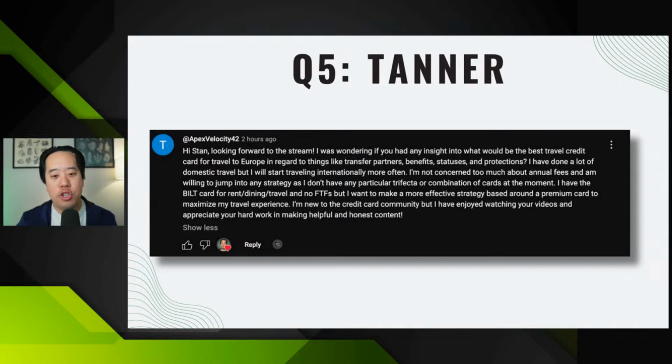I'm not concerned too much about annual fees, and I'm willing to jump into any strategy as I don't have any particular trifecta or combination of cards at the moment. I have the Bilt card for rent and dining travel and no foreign transaction fees, but I want to make a more effective strategy based around a premium card to maximize my travel experience. I'm new to the credit card community, but I have enjoyed watching your videos and appreciate your hard work in making helpful and honest content.